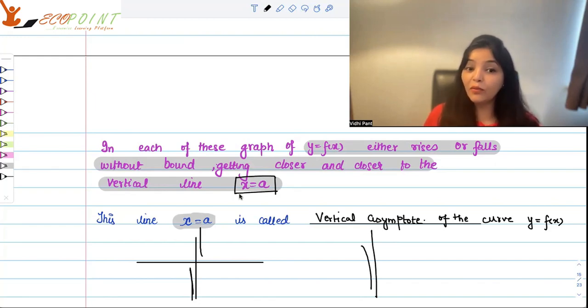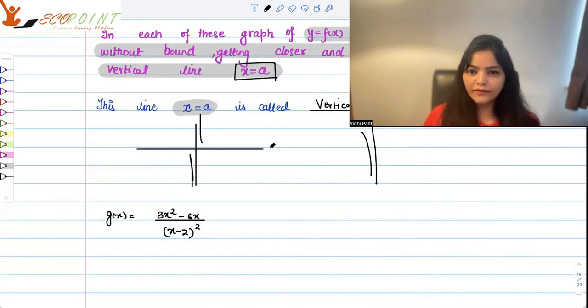And that is why the graph vertically goes parallel to this line. Whether it is minus infinity or plus infinity, it is going vertical, right? So that's how you get that word vertical here. This concept you will find very useful specifically when you have rational functions.